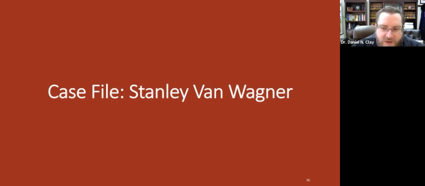We'll talk about the Stanley von Wagner case and look at the evidence. And I encourage you to reread it now that you understand what the sub-classifications of evidence are and what the purposes are. Remember, there are differences: judicial, extrajudicial, direct, indirect, etc., versus what the purpose is. Is it associative? Is it identificative?